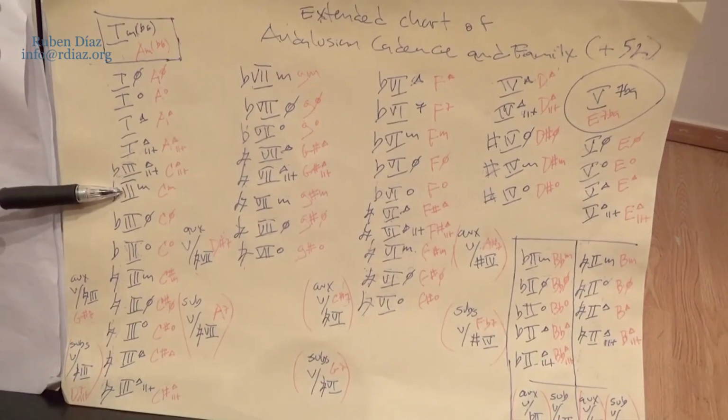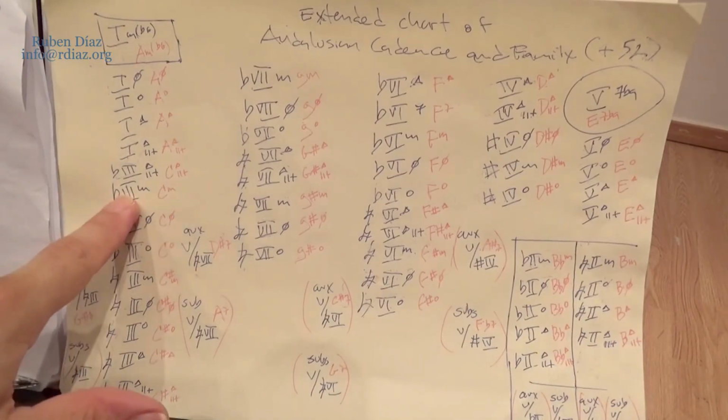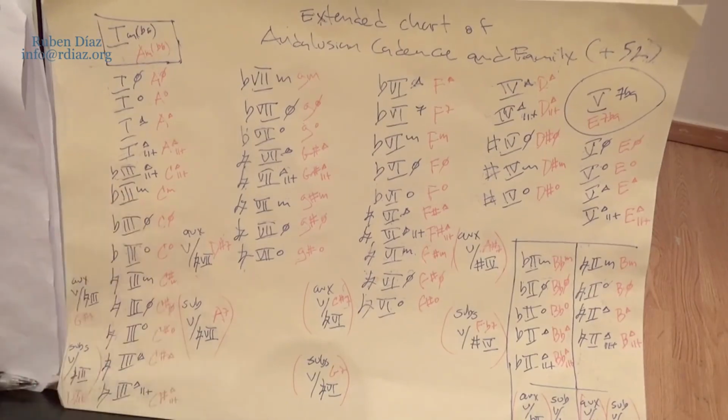So then we have here flat third minor, in this case C minor, and this, of course, you have seen in falsettas like this here. It is also in the mid part of the Canción de Amor piece. Here we go.